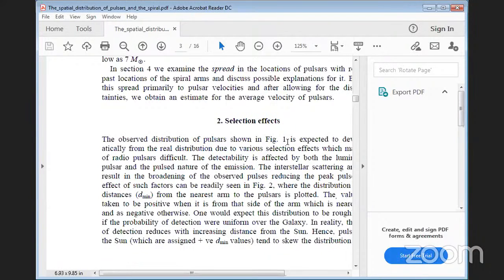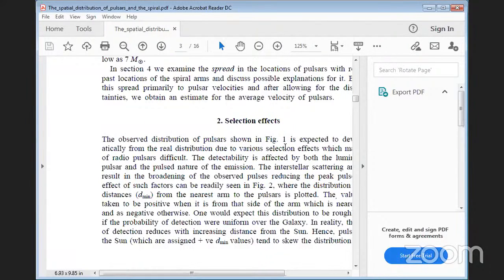Okay, so one has to account for selection effects. It's basically saying that we are not seeing the entire population, or we do not have information about the entire population, but we can estimate for every object seen how many such objects we might have missed. That requires knowledge of the sensitivities of the telescopes and the areas that they covered to estimate the volume that you have looked at.